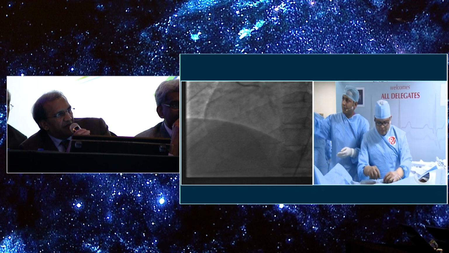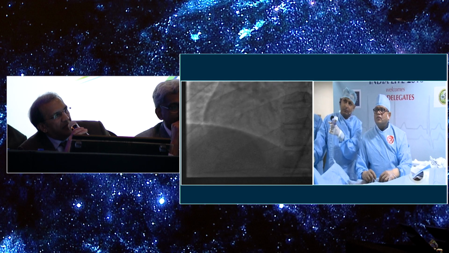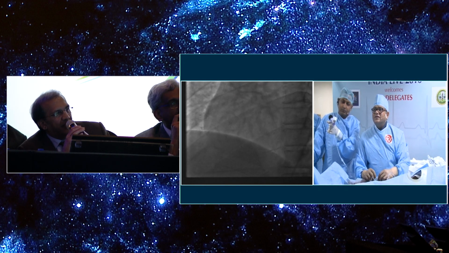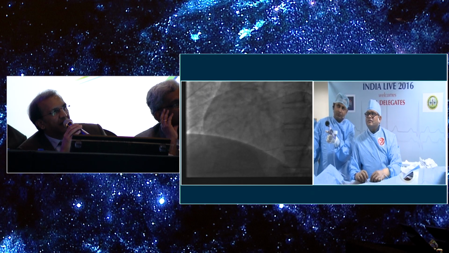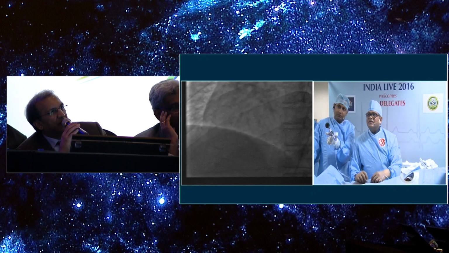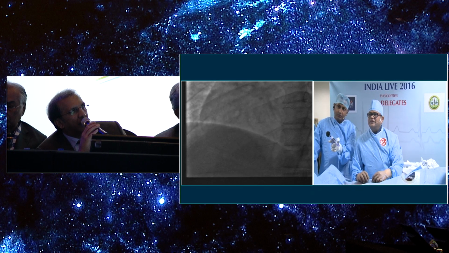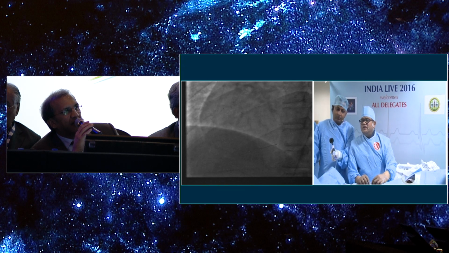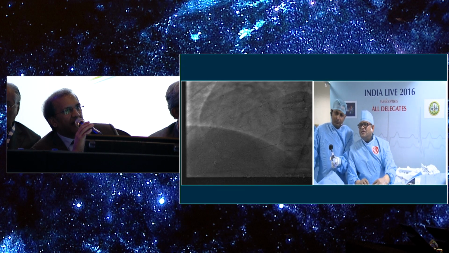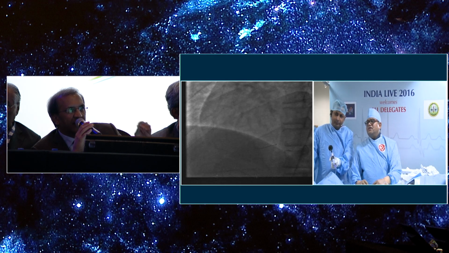Vijay, this is Kirti here. The problem with most of the guides in this anatomy is that they don't engage the artery very well, and you end up injecting a lot of contrast in the aorta. So what I've done is I've taken 7 guides usually, and once the wire and the balloon are there, anchor the balloon and see if a mother and child catheter can go selectively into the artery.